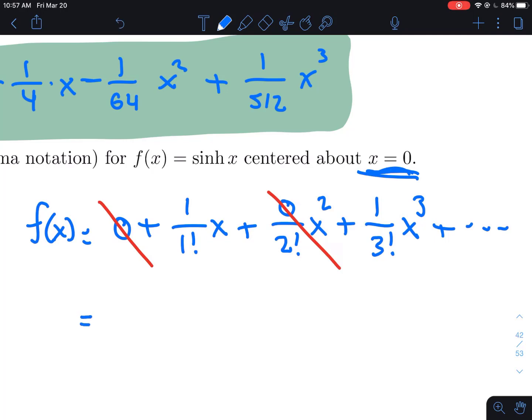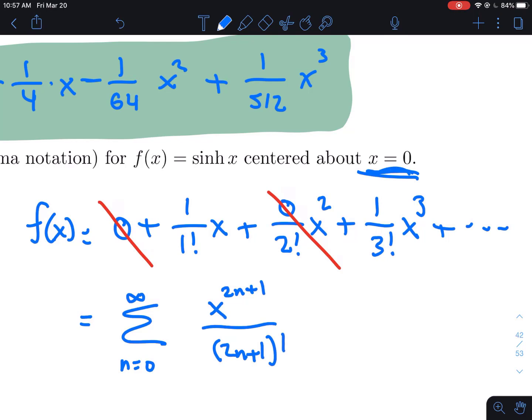And so the correct answer for this one in sigma notation is going to be summing from n equals 0 to infinity. I'm basically copying down what I had for sine, which maybe isn't all that surprising because this is hyperbolic sine after all. I'm going to have x to the 2n plus 1, so all of the odds, divided by 2n plus 1 factorial. We see these factorials down here correspond with whatever degree x is.